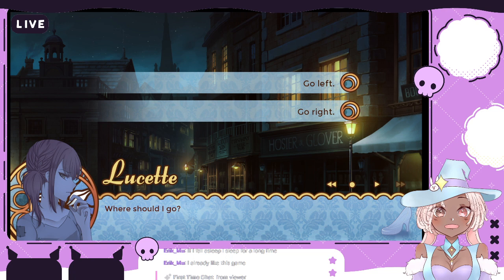Like, if I go left, she can't speak, they end up getting her something, and if I go right, she goes free or something. Right? You think I should go right? Oh my gosh. Let's go right.